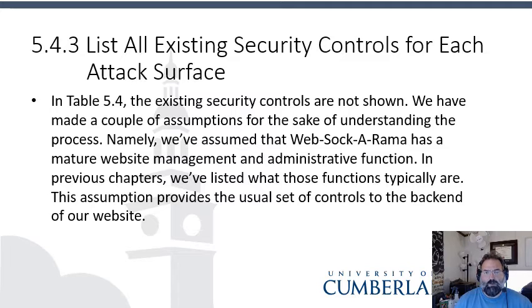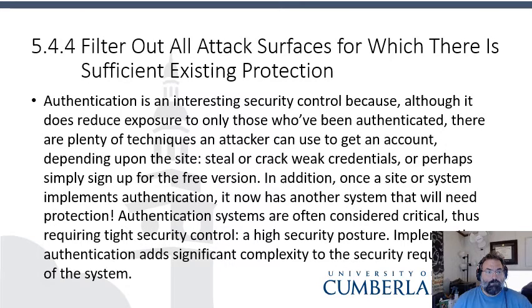Don't revisit unless it's been a sufficient amount of time. You don't really need to revisit things that have just been addressed. And that's pretty much what this is saying, as well as filter out attack surfaces for which there's sufficient existing protection. So there's already enough in place. You deem it to be adequately protected, then you can move on to things which are not.